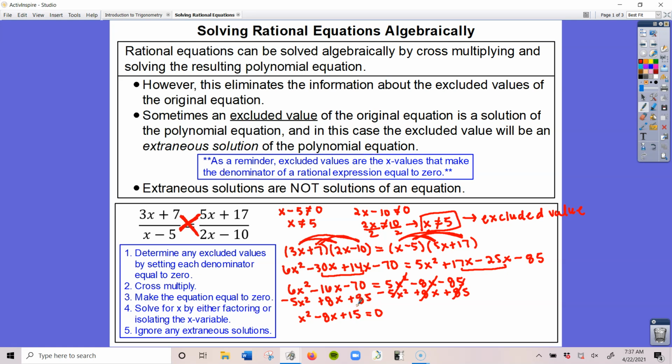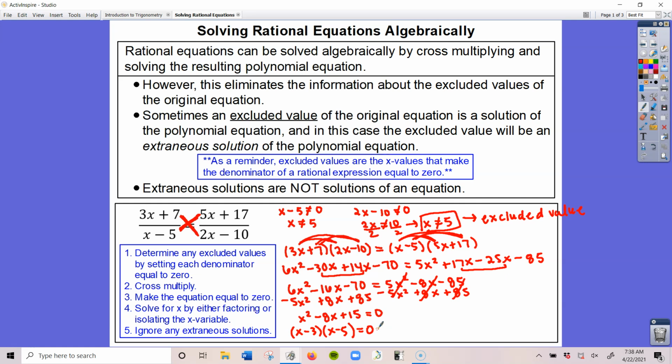So remember, we're looking for the two numbers that would multiply to give you positive 15, but add to give you negative 8. And those two numbers are negative 3 and negative 5. Since negative 3 times negative 5 is positive 15, and negative 3 plus negative 5 is negative 8. So that would give us (x - 3) times (x - 5) is equal to 0.